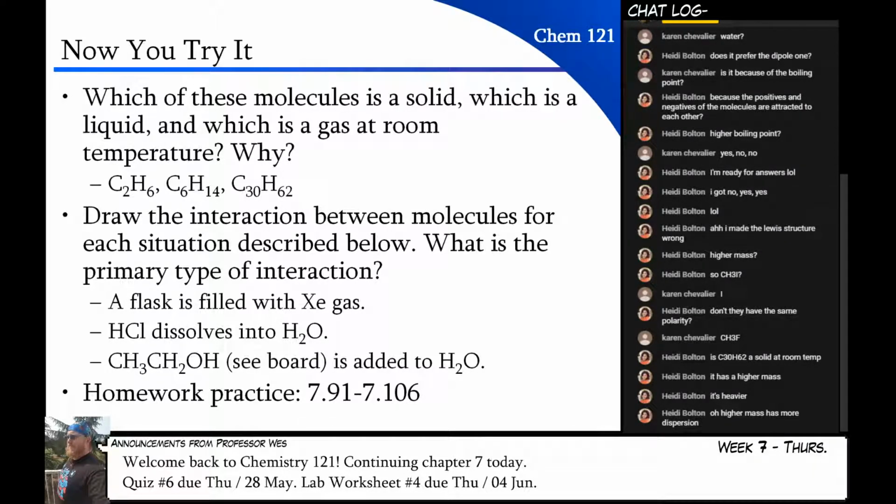Higher mass has more dispersion. Very good. So you have to sort these by their mass. And whichever one has the highest mass will have the highest dispersion. And if it has the highest dispersion, it's going to be the one that is held together the most. In other words, the solid. So this guy's the solid. This one must be the gas because it's the lightest. And the one in the middle is the liquid.